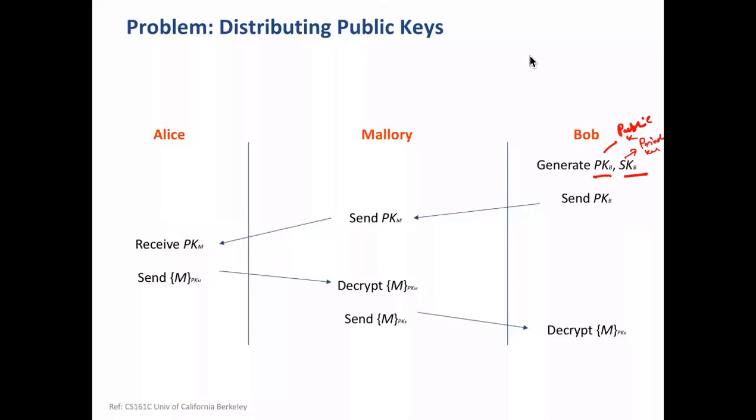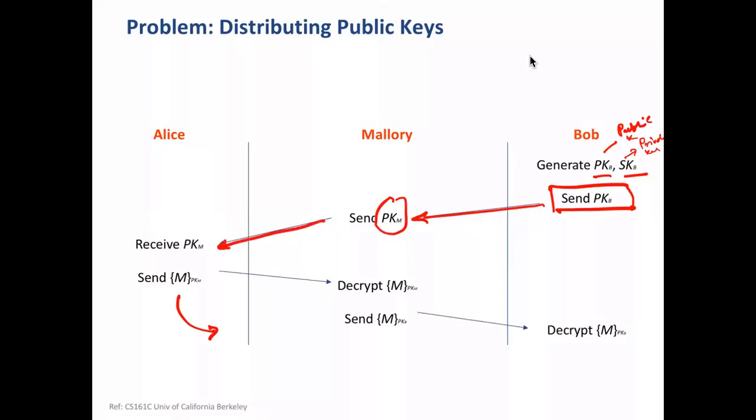Okay, so in order to have a communication, Alice has to know Bob's public key, right? So Alice can use Bob's public key to send a message to Bob. So what Bob will do is that he will send the public key. In between, Mallory will intercept it, and she will change it to her own created public key, which we call PKM.